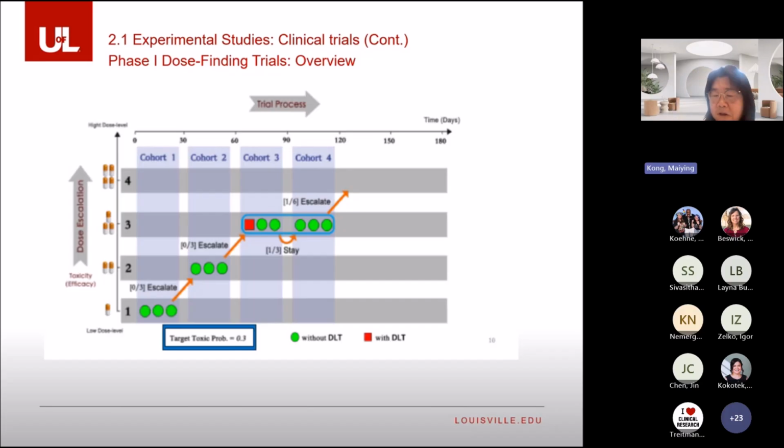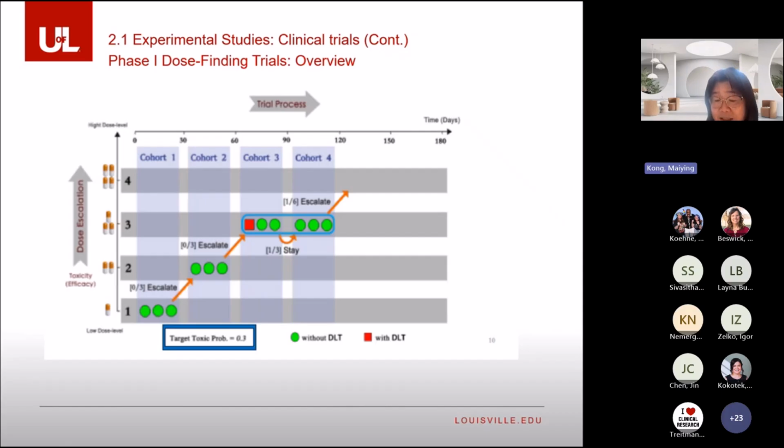If among the 3, at least one develops toxicity, then at this dose we add 3 more patients. And if it is 1 out of 6, where only 1 patient has a toxicity, again this dose is safe, and we move up to the next dose level.